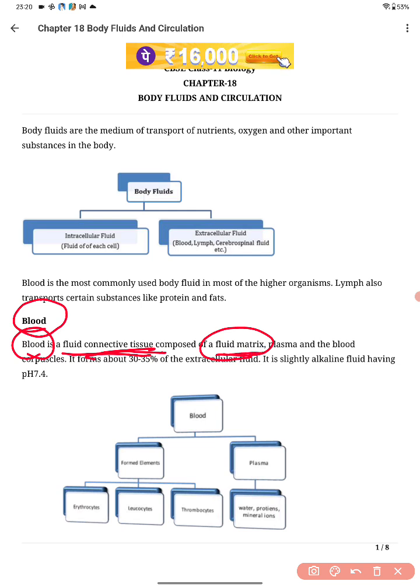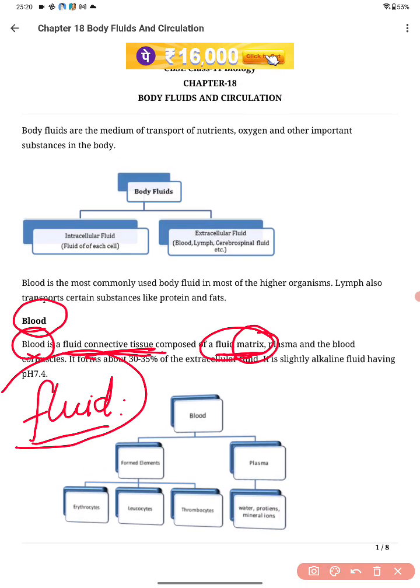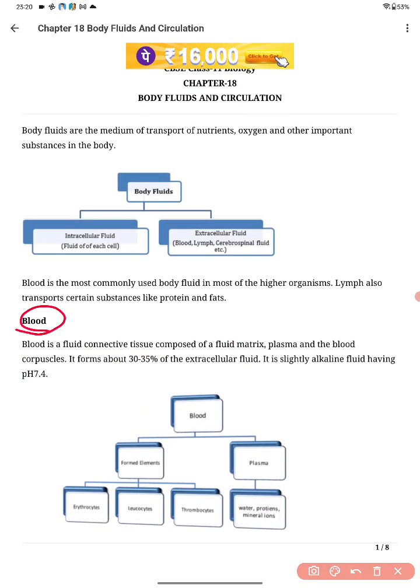Other connective tissues have a collagen matrix or some other matrix, but blood is the only connective tissue which has a fluid matrix. If you get a question like which connective tissue has fluid as the matrix, the filling substance, it is blood.